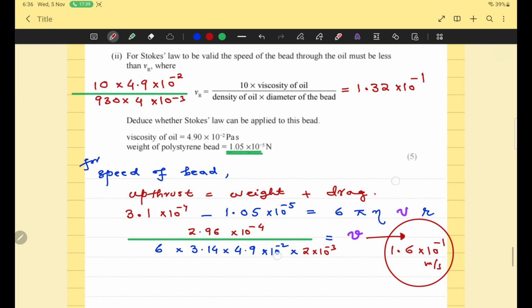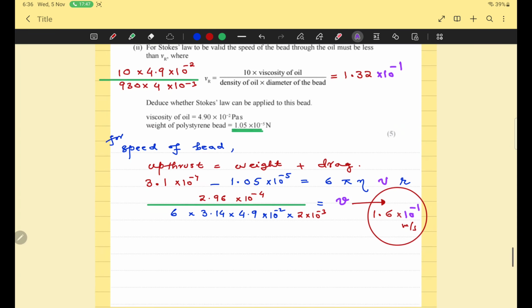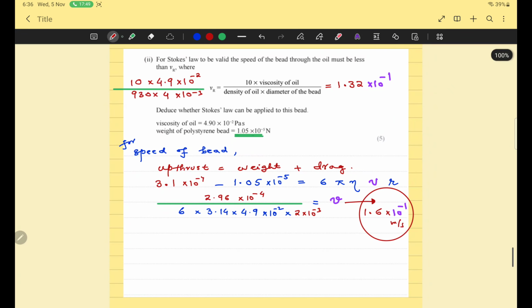Now compare, ignoring the exponent minus 1 in both numbers. Now you can see 1.6 is less than... no, no, sir. 1.6 is greater.